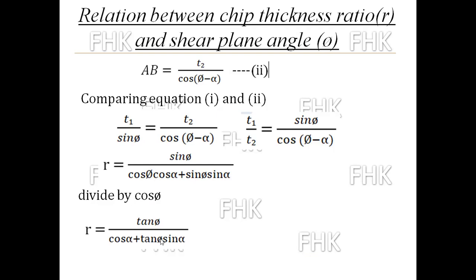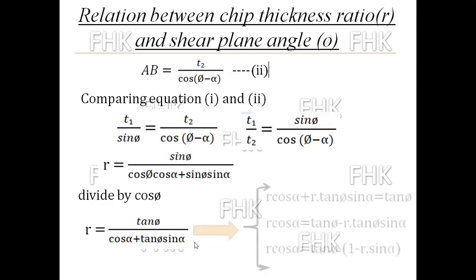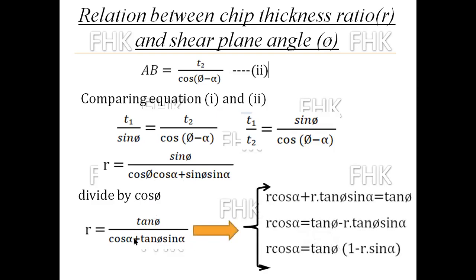After simplifying this equation, I cross multiply and get r cos α plus r tan φ sin α is equal to tan φ. I move the remaining tan φ to the right side, so r cos α is equal to tan φ minus r tan φ sin α.